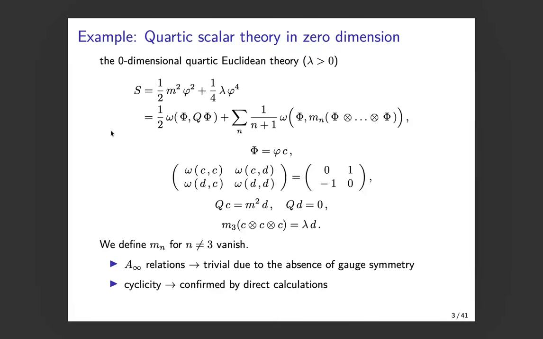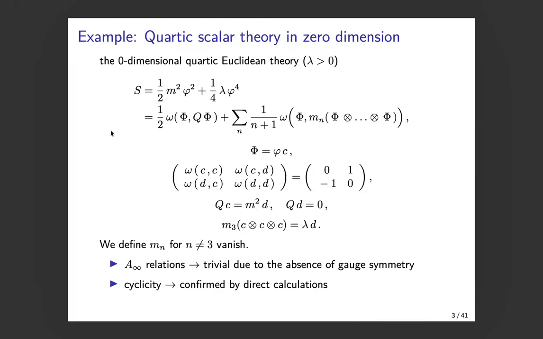Also, we only have a cubic interaction, so Mn for n not equal to 3 should be defined to vanish. So let us check that this satisfies the cyclic algebra.